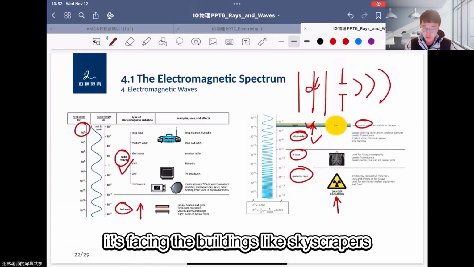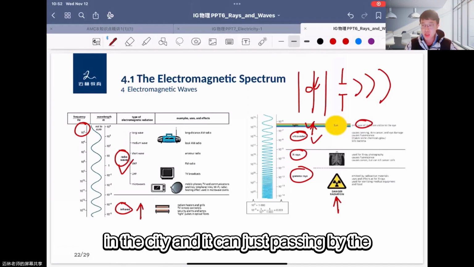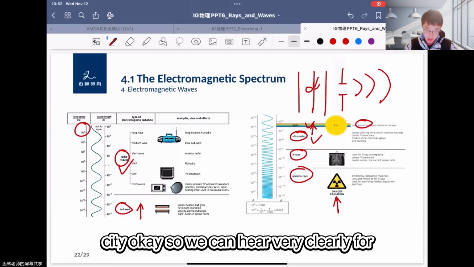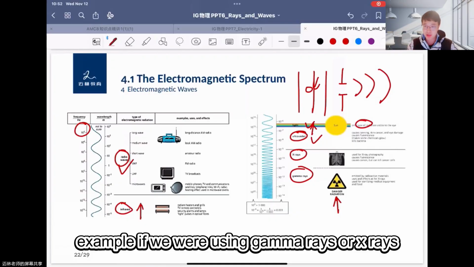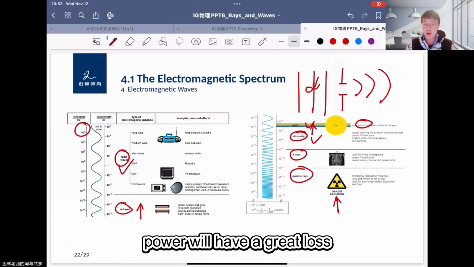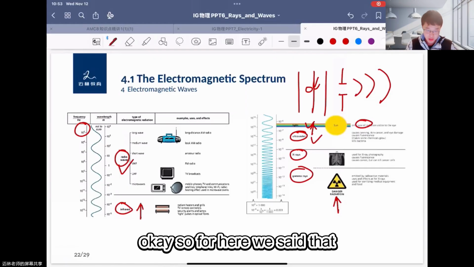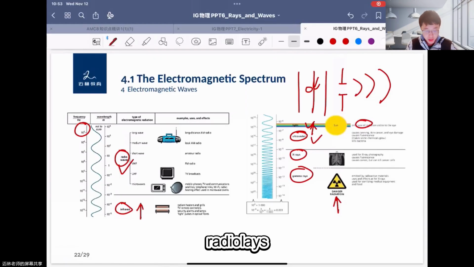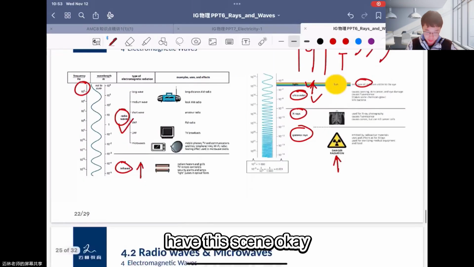Once they face buildings like skyscrapers, they can just pass by, so we can hear very clearly. If we used gamma rays or X-rays to travel information, the efficiency and power would have a great loss.